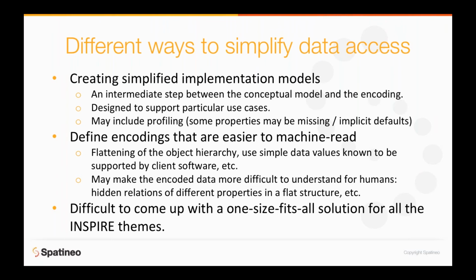If you have a hierarchical model and you have all this information within a single block of data, then it's clear to a human reader that these properties are related.